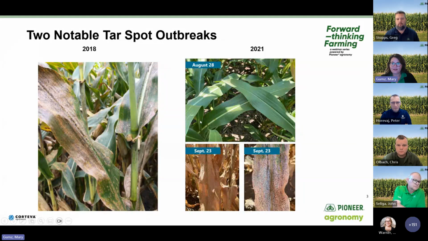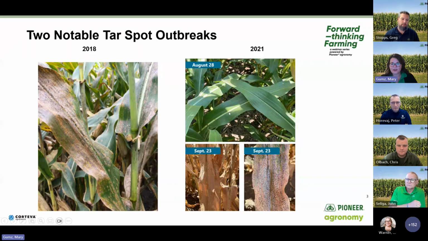August 28th, the plants in this field were just fine. By September 23rd, less than a month later, they had just completely melted down. And so we found out that latency is real. And even though things looked good earlier in the summer, it was kind of there waiting for us.